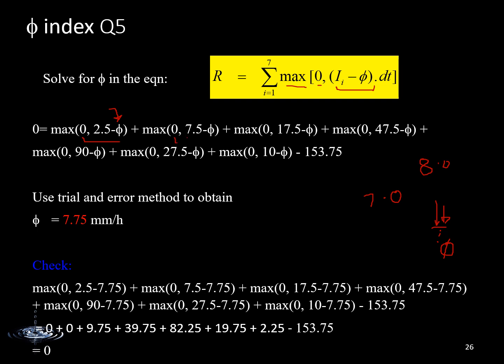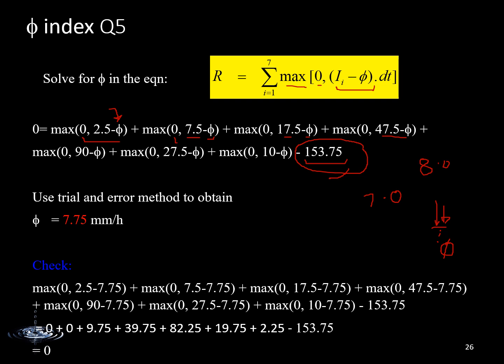Second, the rainfall is 7.5 minus phi. Third, 17.5 minus phi, 47.5 minus phi, and so on, each with a minimum of 0. So this sum has to be 153, because that is the runoff we actually measured.